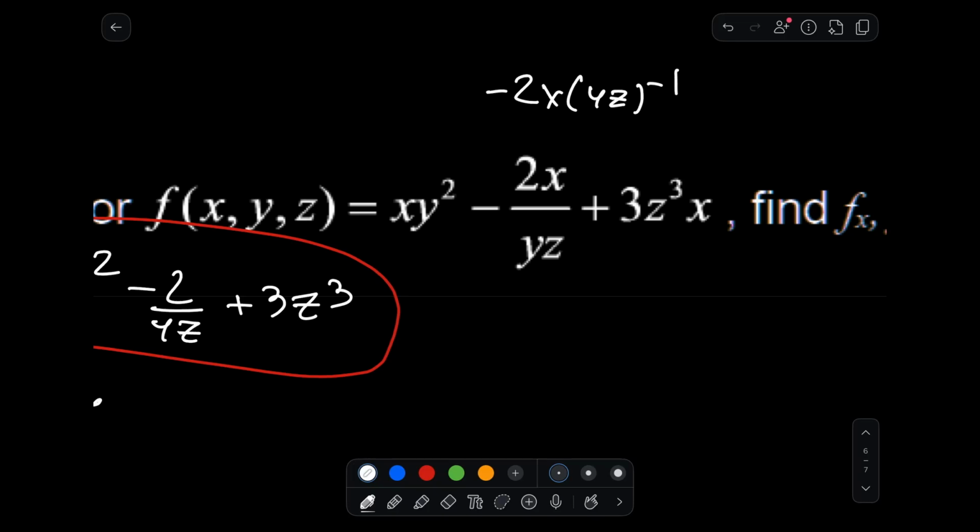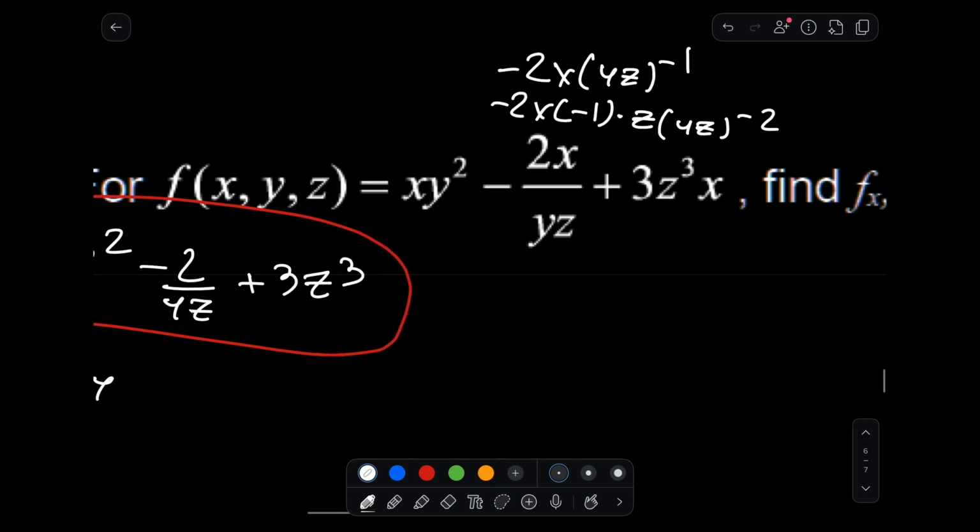Okay, you can take the partial of that with respect to y, so it's going to be negative 2x times negative 1 times z yz to the negative 2.